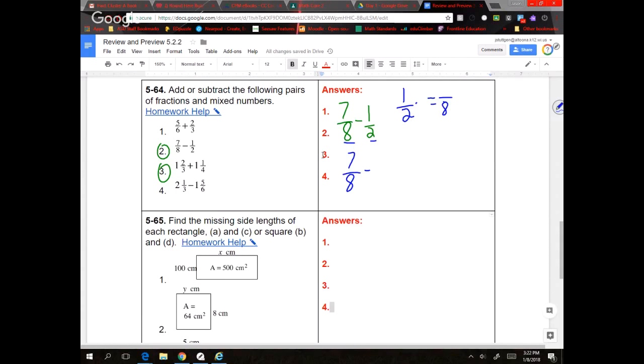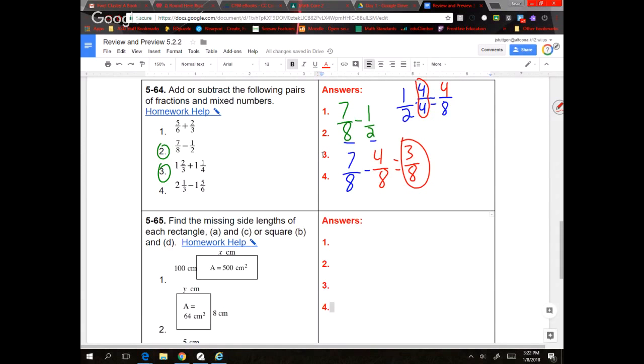I know I have to multiply 2 by 4 to get 8, so I have to do the same to the top. And remember, right here is that giant 1. I'm not going to make it look like a giant 1 right now, but that is our giant 1. So it's 4/8. And most of you probably know that one already. So then now I can just subtract the numerators. 7 minus 4 is 3. Denominators stay the same. Your answer for number 2 should be 3/8.